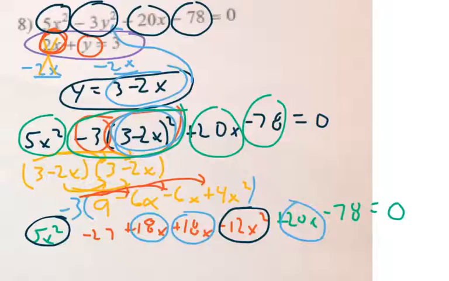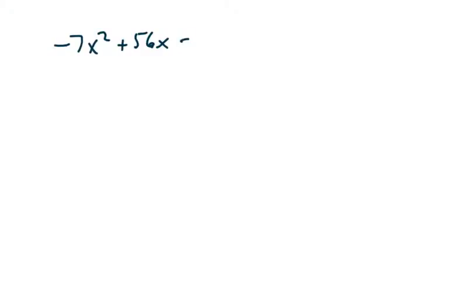So we also have a plus 56x. Let's do our numbers here: negative 27 and another negative 78. They're both negative, so I'm going to add. I'm getting negative 90, negative 105. Again, don't forget to use your calculator if you're struggling with the bigger numbers. So we have a negative 105, equal to 0.